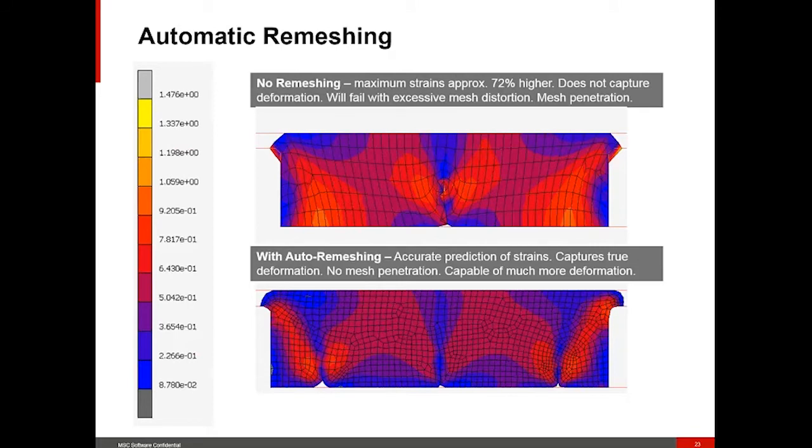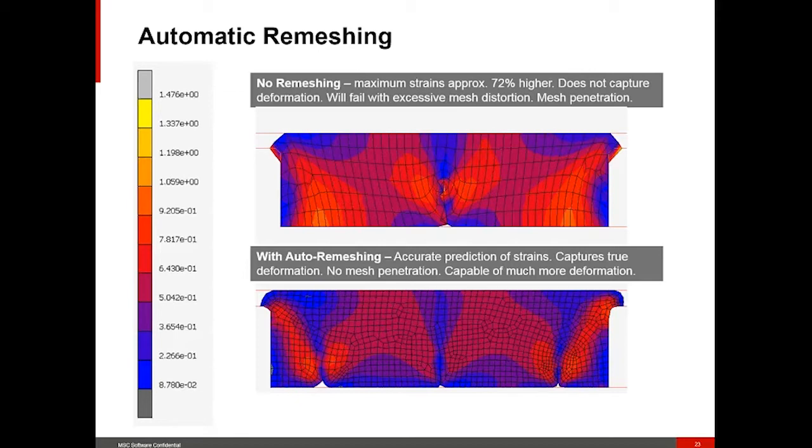The upper figure in this slide shows the equivalent strain value at the end of this load case without using global remeshing. The lower figure shows the same result with global remeshing. Both plots are using the same color scales.